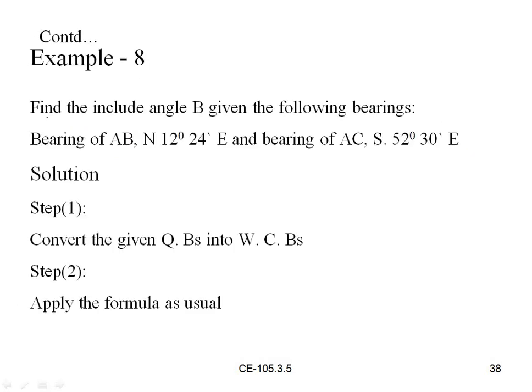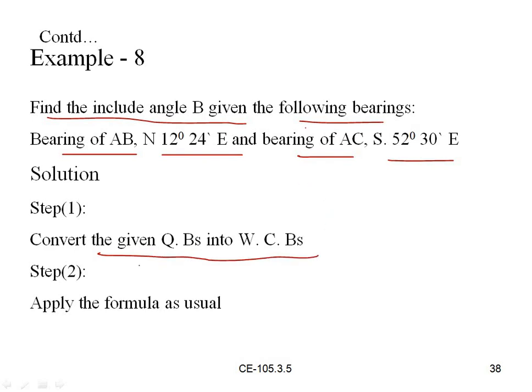Next, example 8. Find the included angle B given the following bearings. That is bearing of AB north 12 degrees 24 minutes east and bearing of AC south 52 degrees 30 minutes east. So same like that, convert the quadrantal bearings into whole circle bearings, and second apply the formula as usual.